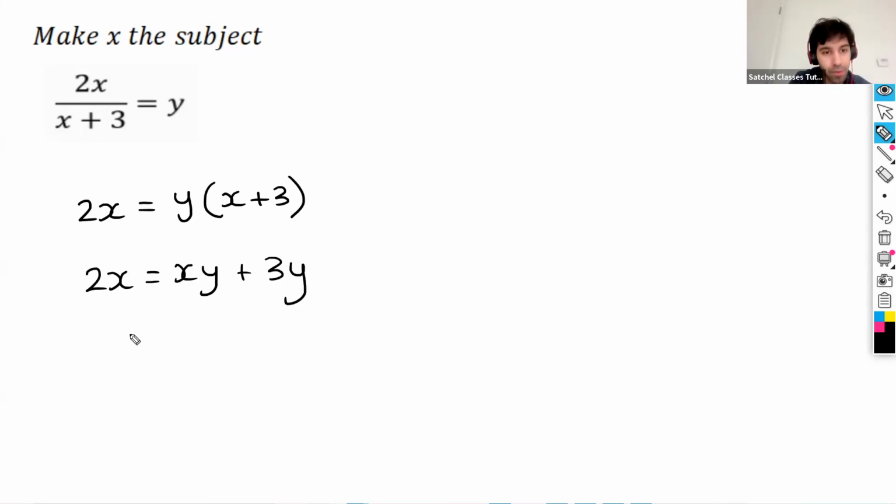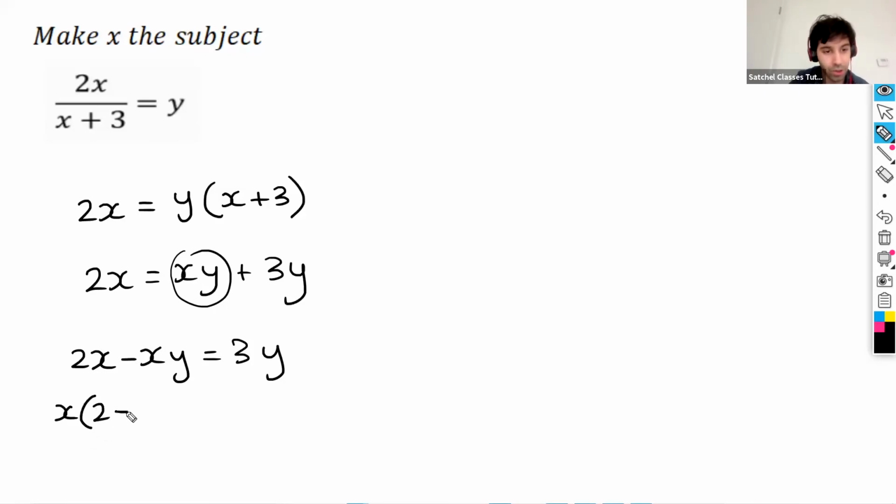And then, move the x's to one side because we want to make x the subject. So we want to get rid of this. So we would have to subtract xy from both sides. So 2x minus xy is equal to 3y. Now we can factorize. So take out x, that's the highest common factor.